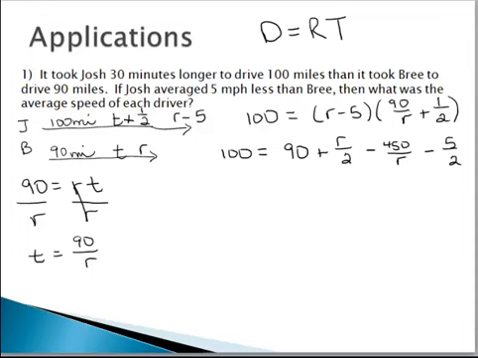Now, as usual, I like to get rid of my fractions. So I think what I'll do at this point is just multiply everything by 2r.